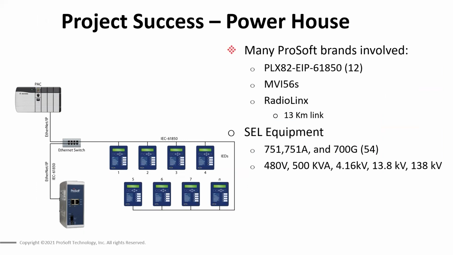The other port can be set up for both Ethernet IP and 61850 on the same port, or it can do Ethernet IP only. So this module has some flexibility. When we first released, we had a PLX81 version of this module that only had a single port. As that product went end of life, we combined both single NIC support and dual NIC support in the same gateway module.